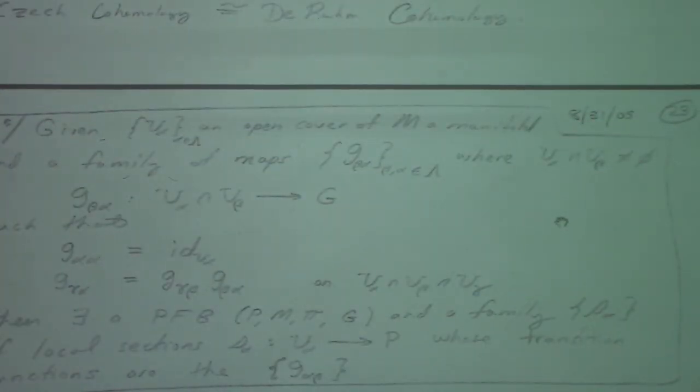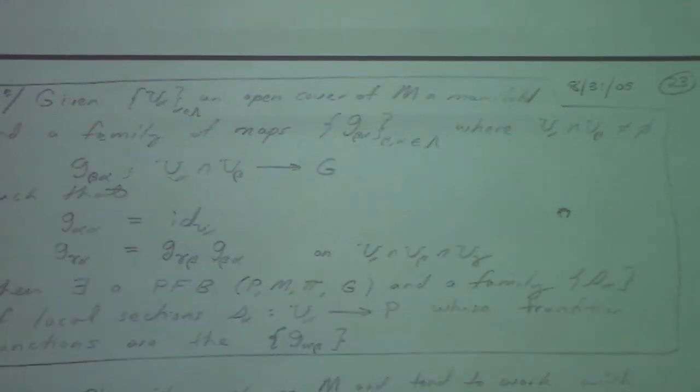All right, so we're now in the next class meeting. So the point is, we have an open cover of a manifold. We've got a family of maps, G beta alpha, mapping from the intersection of the charts to the group. They satisfy these Čech conditions.